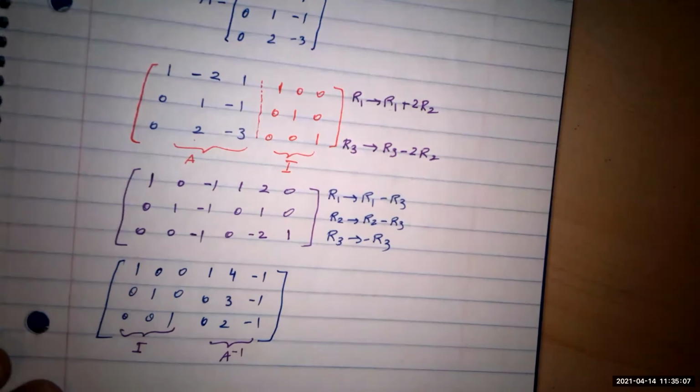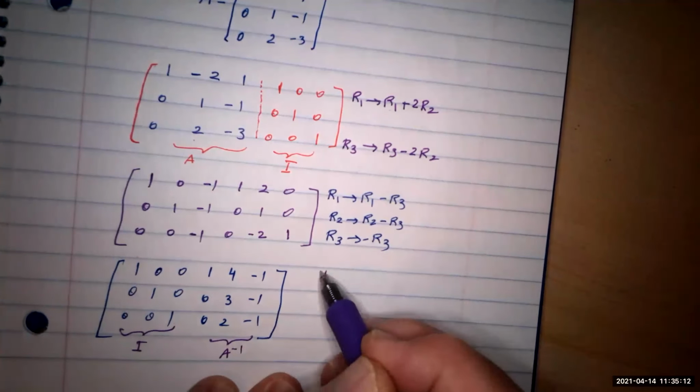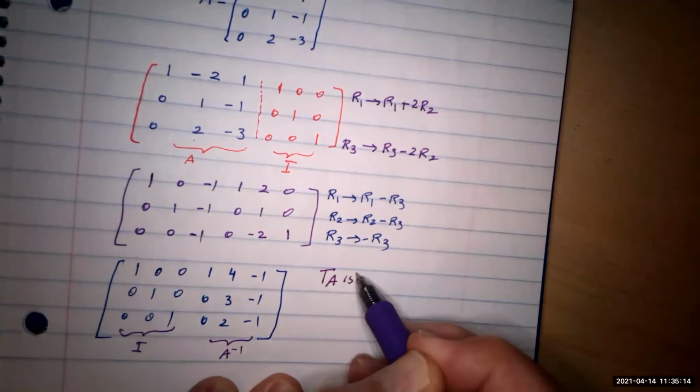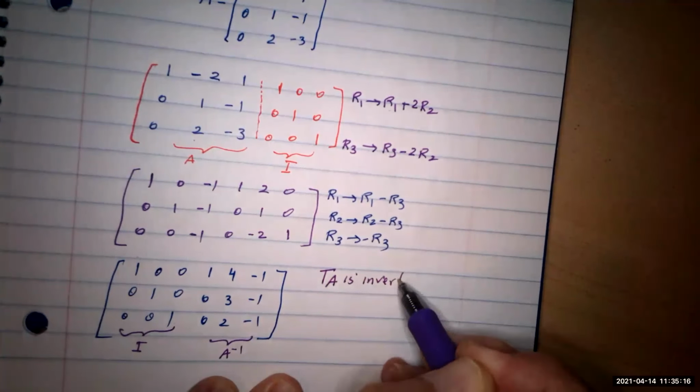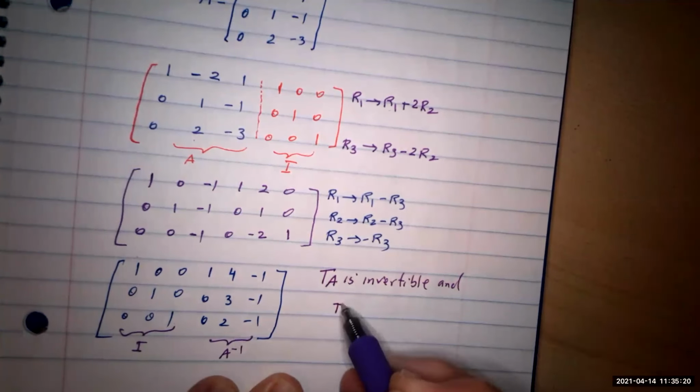Okay. So since you can find that this is it, this means TA is invertible, and you have to find that formula.